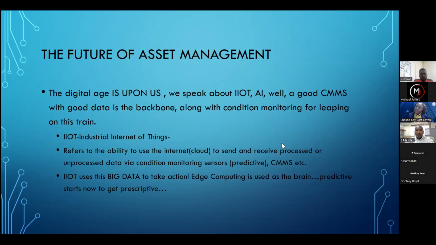The CMMS houses that data in such a way that when you are ready to dive off, the data it pulls is from the previous preventive maintenance activities that you would have done, from the condition monitoring, from the mean time between failure, because the CMMS also tracks that, and it pulls it together to give information for assessment, right?